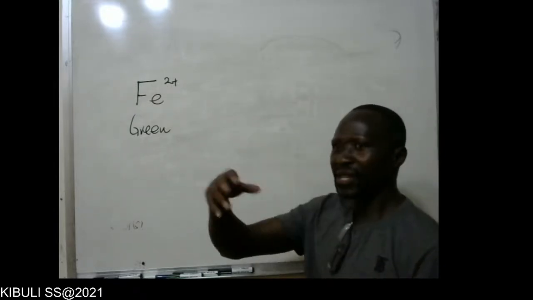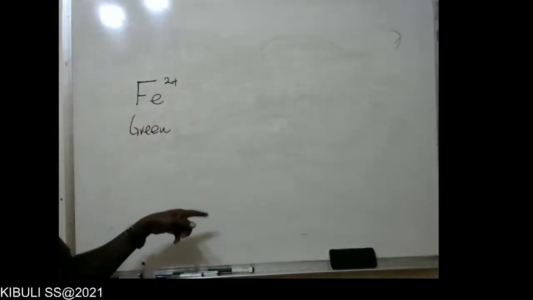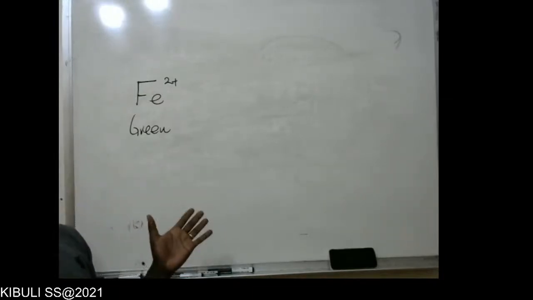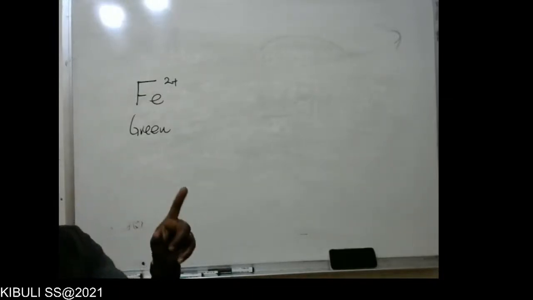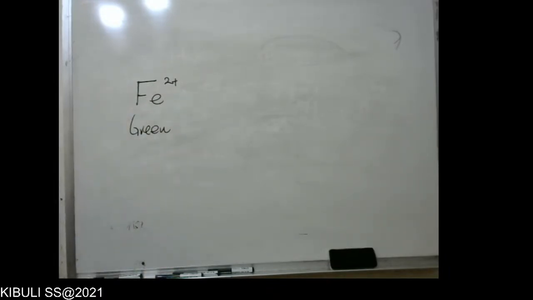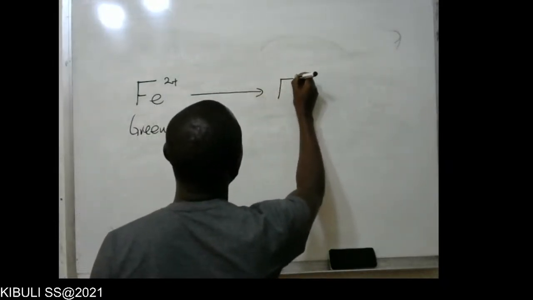We said zinc and calcium compounds are white. We say the copper compounds are either green or blue. We say iron 2 compounds are green. Iron 3 compounds are brown. So iron 2 is green, and iron 2 can easily change to iron 3.